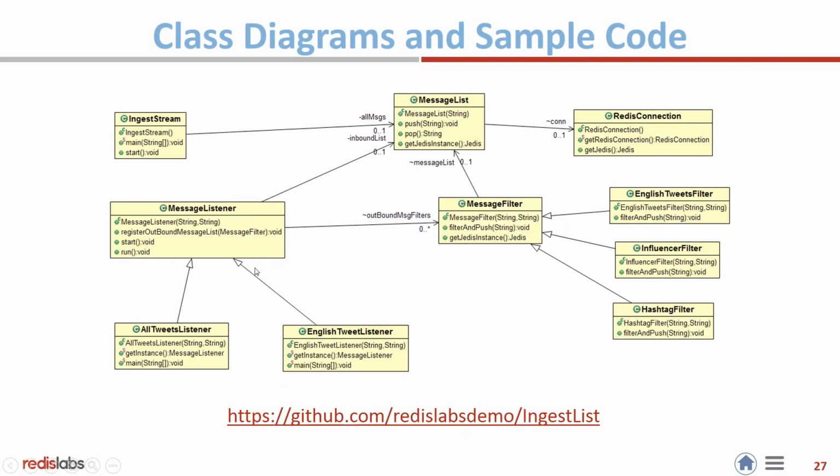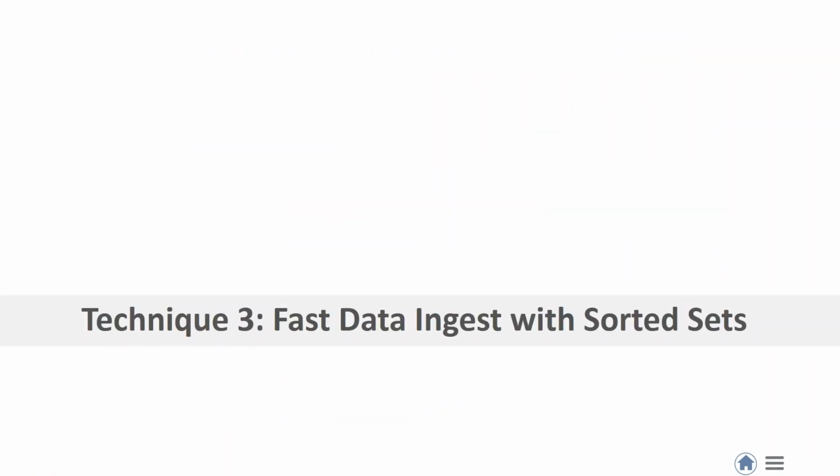All the tweet listeners receive tweets, and then there are filters that filter data as the data goes down the stream. You can go to Redis Labs demo /ingest list on github.com and download the code.